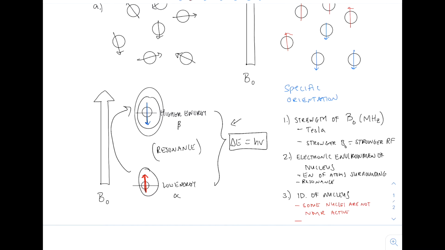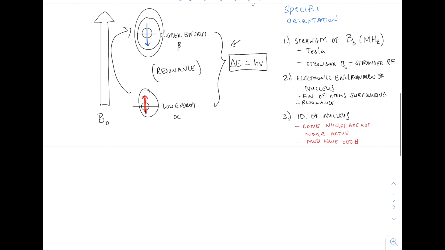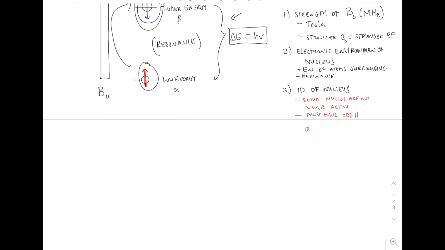Again, this just depends on the number of protons and neutrons, and you must have an odd number of protons or neutrons to have a nuclear spin.